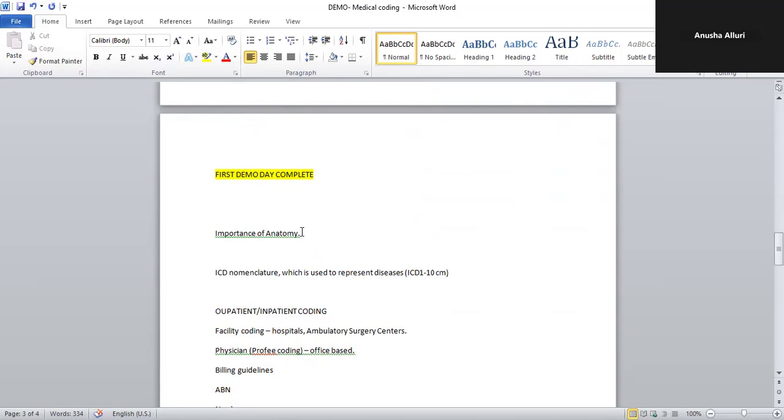I am right now reading the step-by-step process in using the CPT book. If you have the updated CPT book, you can go through it while listening to what I'm saying. It is essential that coders have a thorough understanding of medical terminology and anatomy to code accurately.